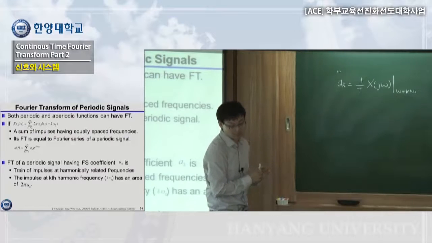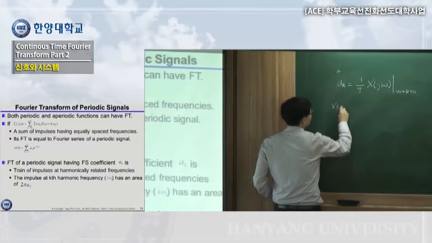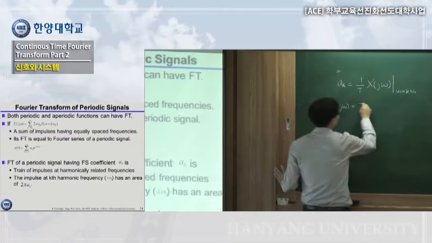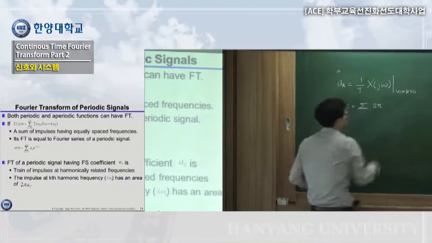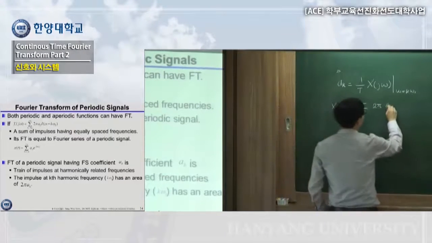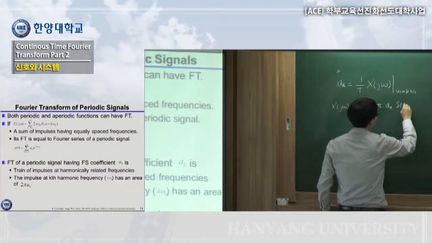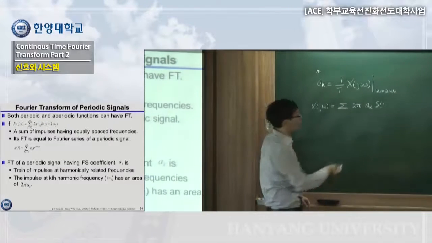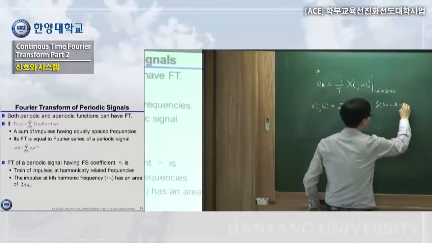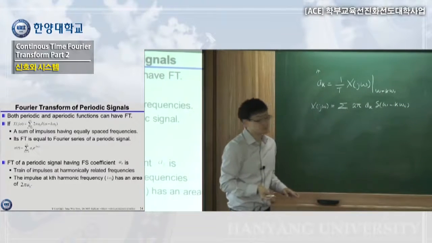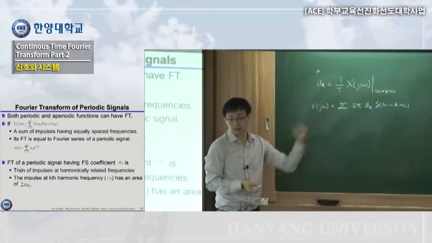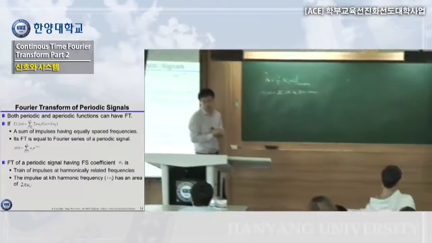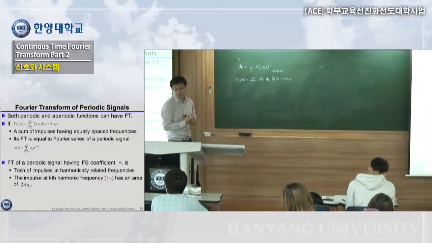If its Fourier transform has a form that is the sum of 2 pi AK delta of omega minus k omega 0, then its Fourier transform is equal to the Fourier series of periodic signals.